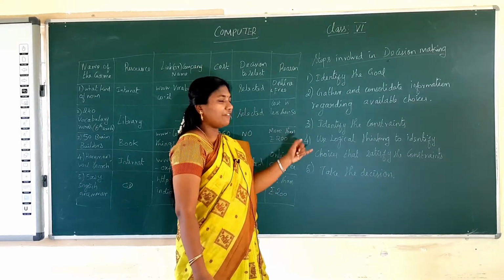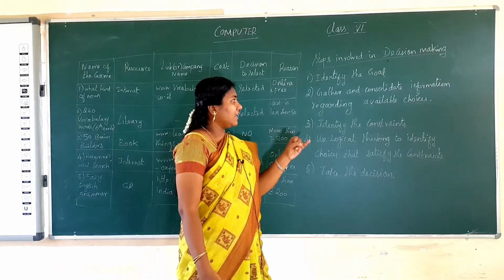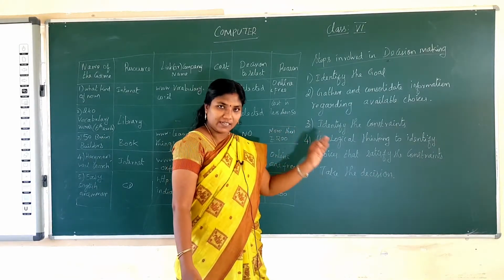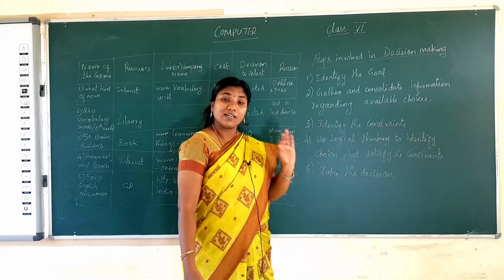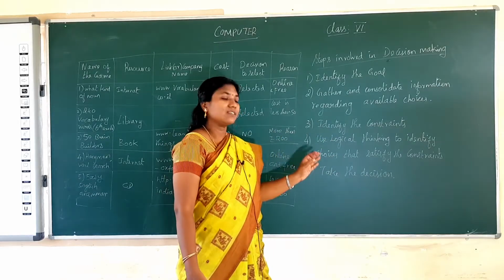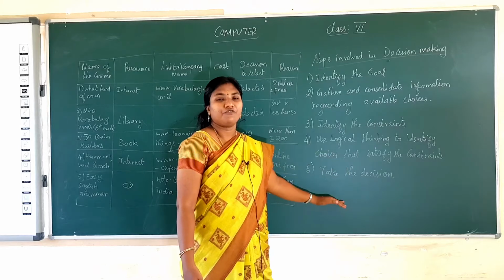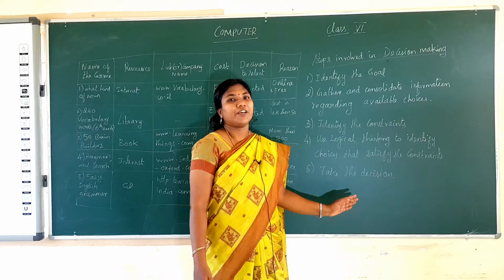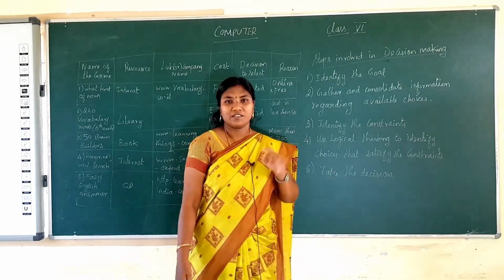Okay, so: identify the goal, gather information regarding available choices, identify the constraint, then use logical thinking to identify choices that satisfy the constraint, and the fifth one, take the decision. Clear? So these are the 5 steps involved in decision making.